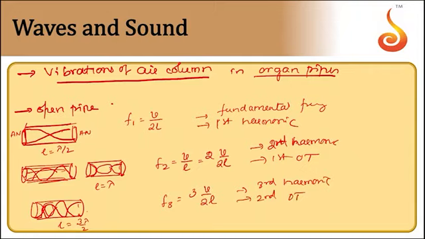So you can go on developing this logic, and you may observe clearly that first harmonic is present, second is present, third is present. So all the harmonics can be generated here in the case of an open pipe.